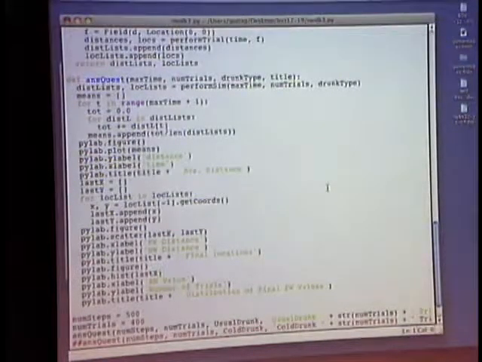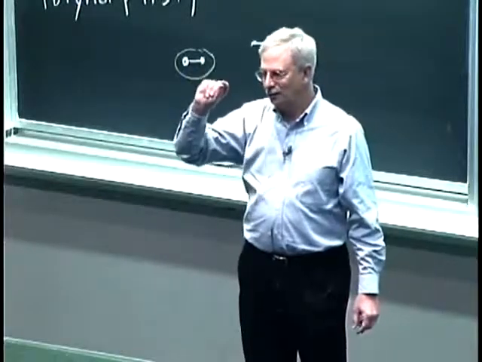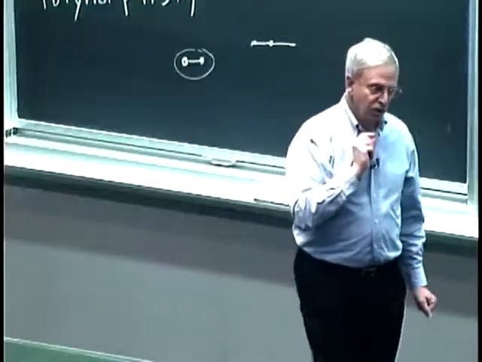What I've decided to do here is not only plot how far from the origin the drunk is over time, but also plot two other things.